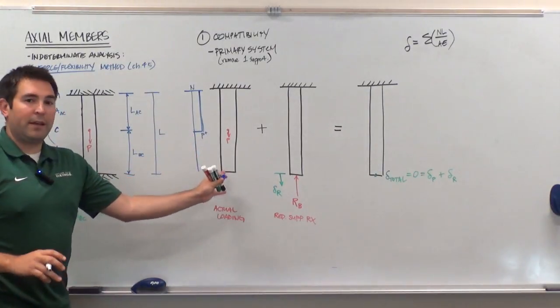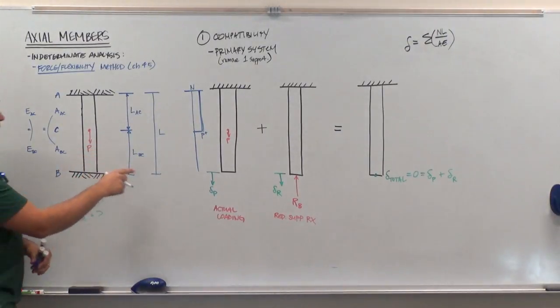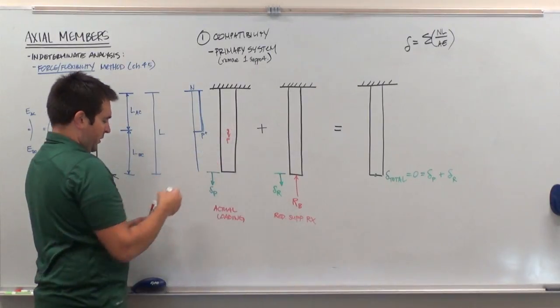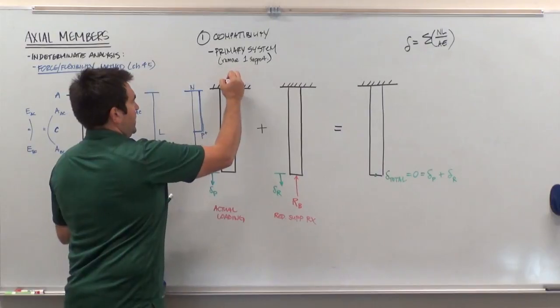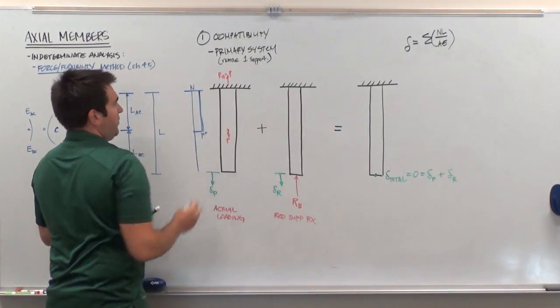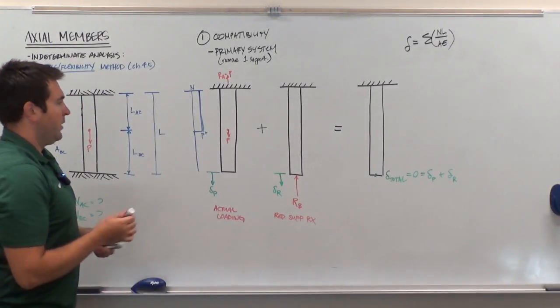Again, remember, this is a fake system right here. I know that in reality I'll have some force over here, but for this primary system subject to a point load, the reaction at A is just going to be P in the opposite direction, and so this will be my normal force diagram.